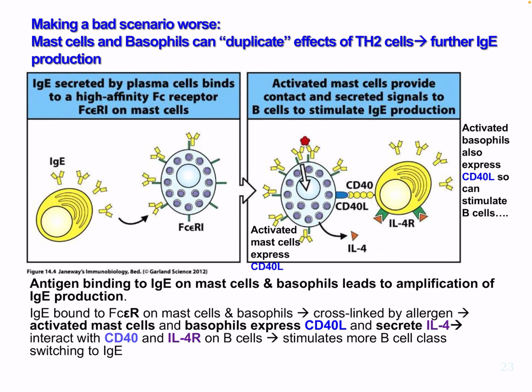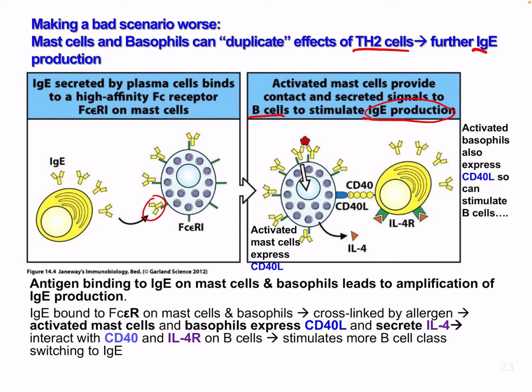So these mast cells and basophils can duplicate the effects of the Th2 cells and stimulate further IgE production. So again, they can cause almost a positive feedback loop. As IgE secreted by plasma cells binds to these high-affinity Fc receptors on the mast cells, these activated mast cells provide contact and secreted signals to B cells to stimulate further IgE production.